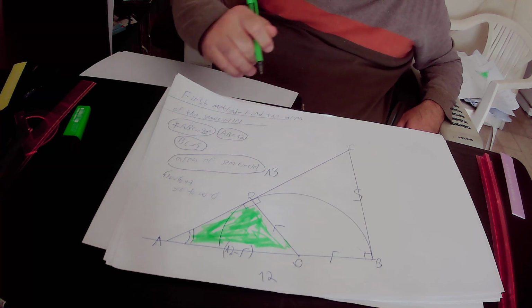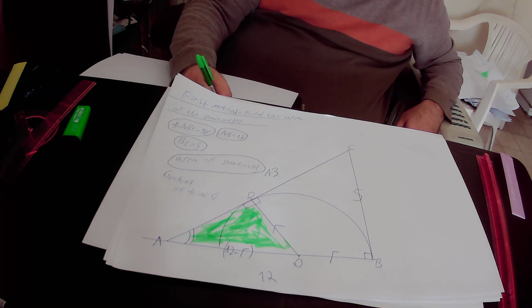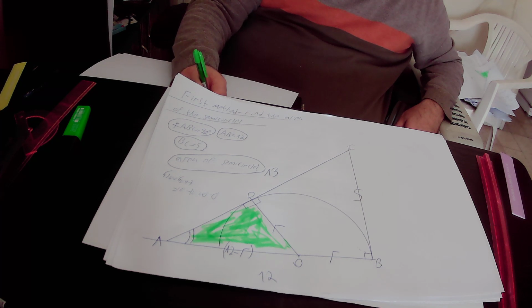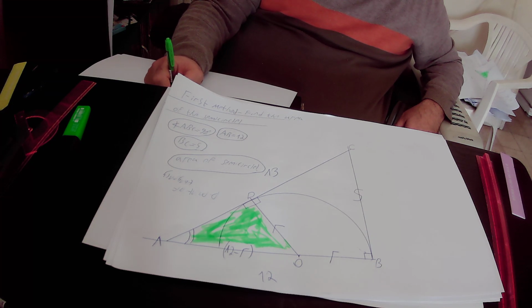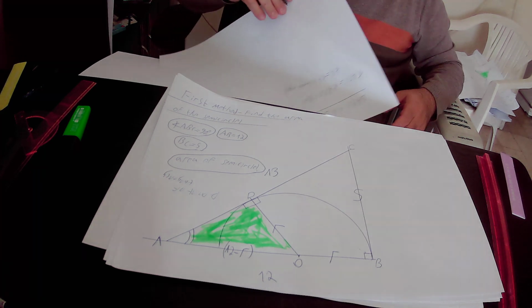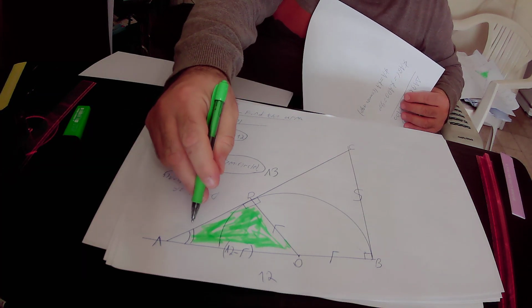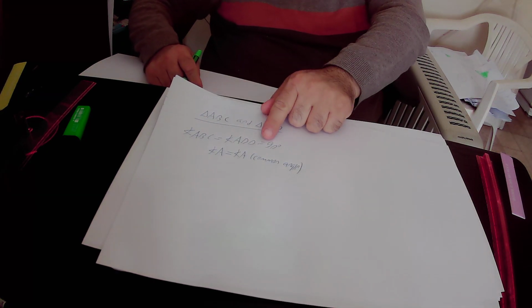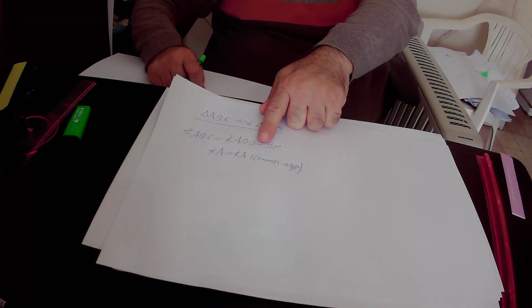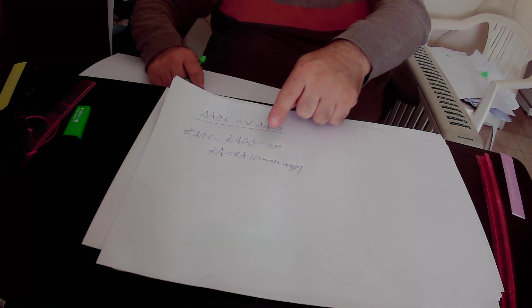Angle A equals angle A, a common angle that belongs to both triangles.